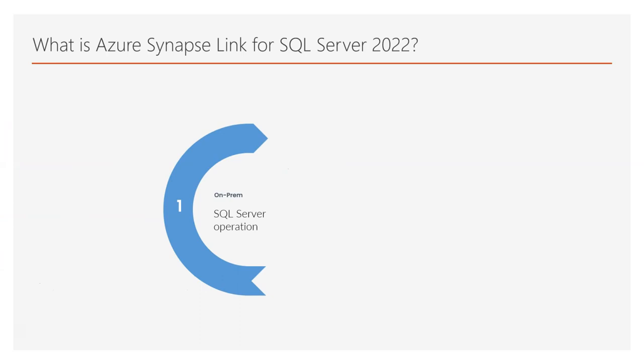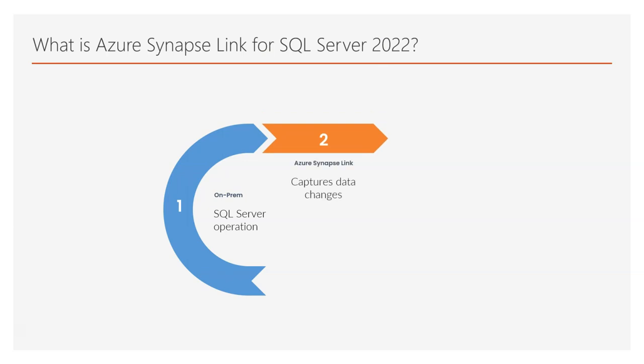The first step is to have your on-premises SQL Server, which operates business as usual. So you have databases, and applications that access them, read and write data, update data, and so on.